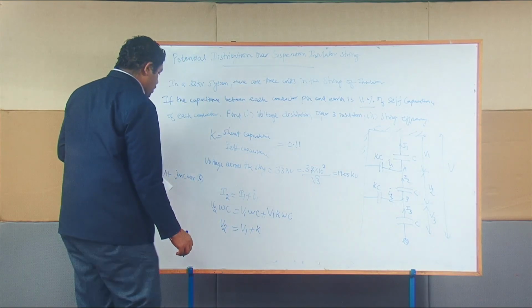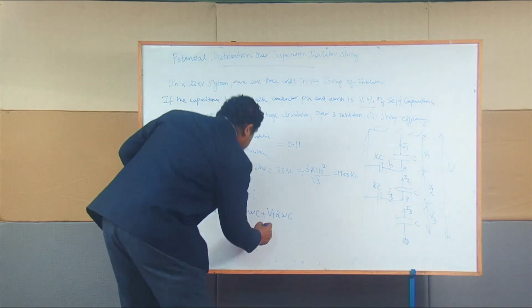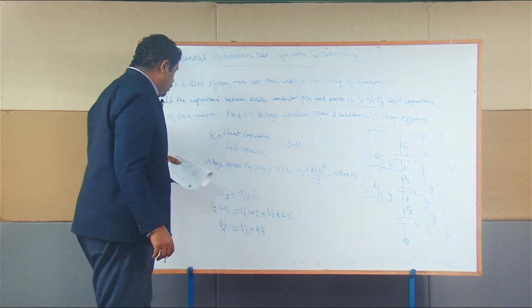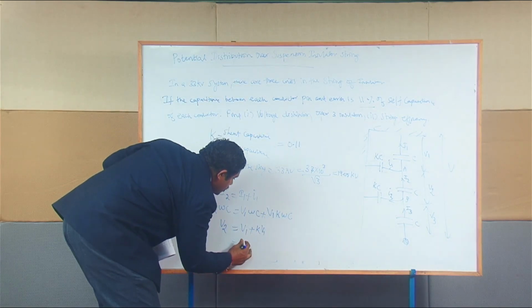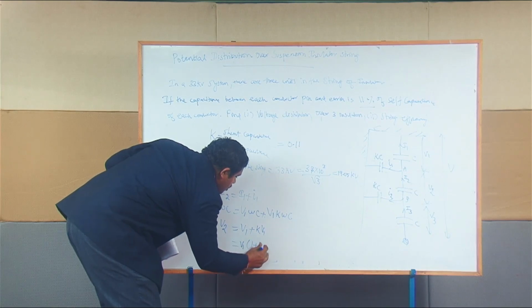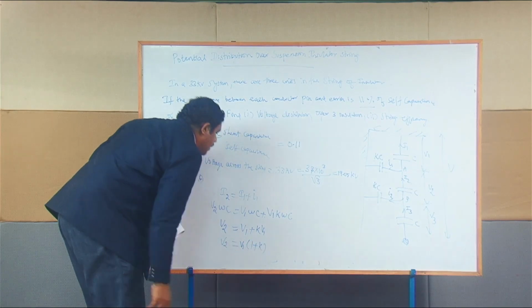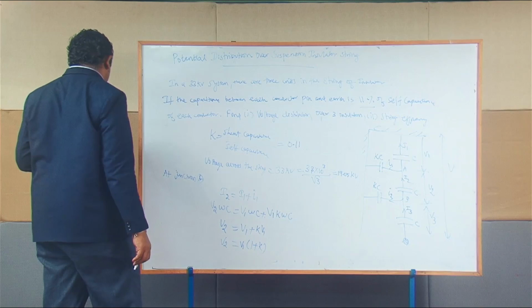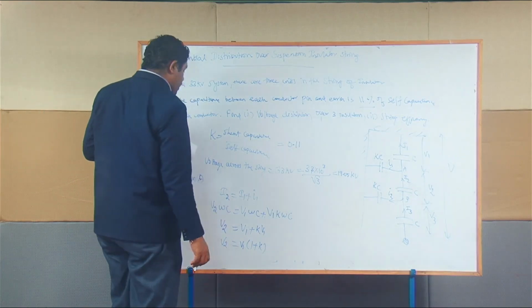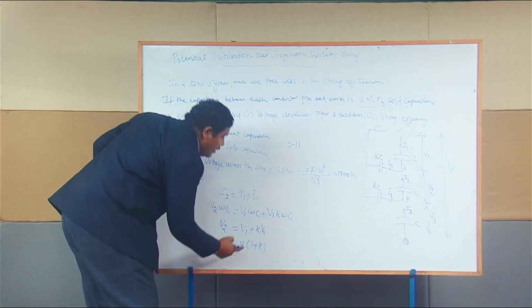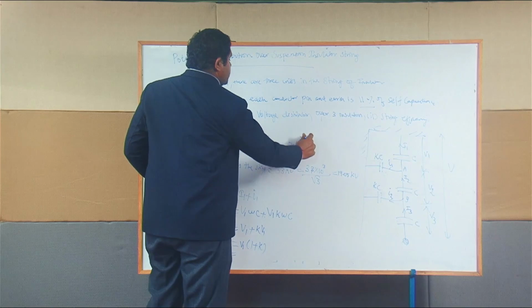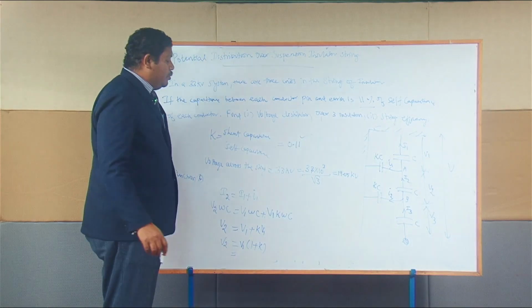So just take V1 common, V2 equal to V1 into 1 plus K. We know the value of K, it's given as 0.11.